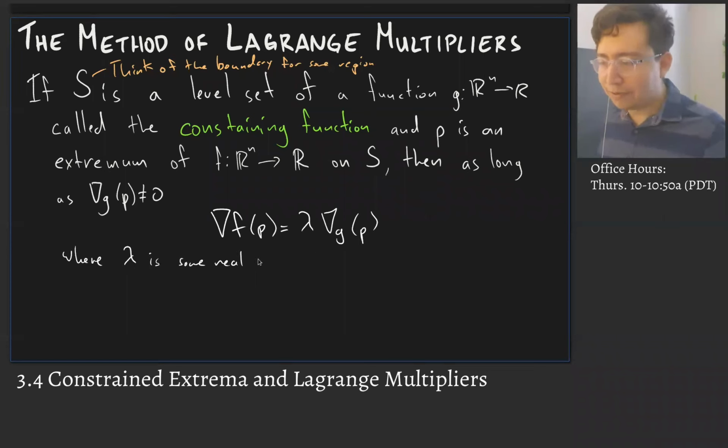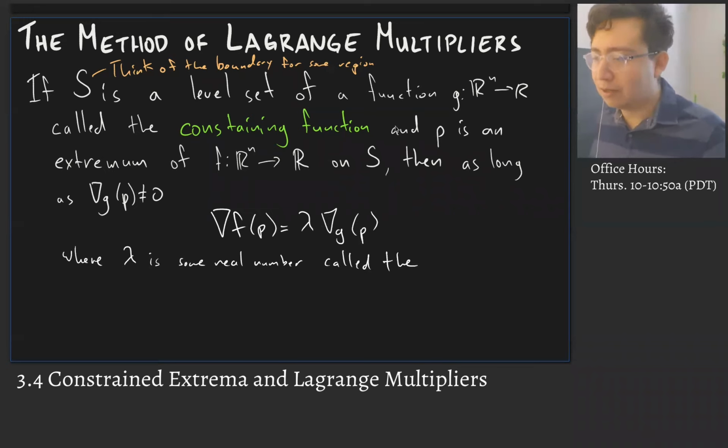Remember, these gradients are vectors, so this is just a scalar multiple. This is called the Lagrange multiplier.